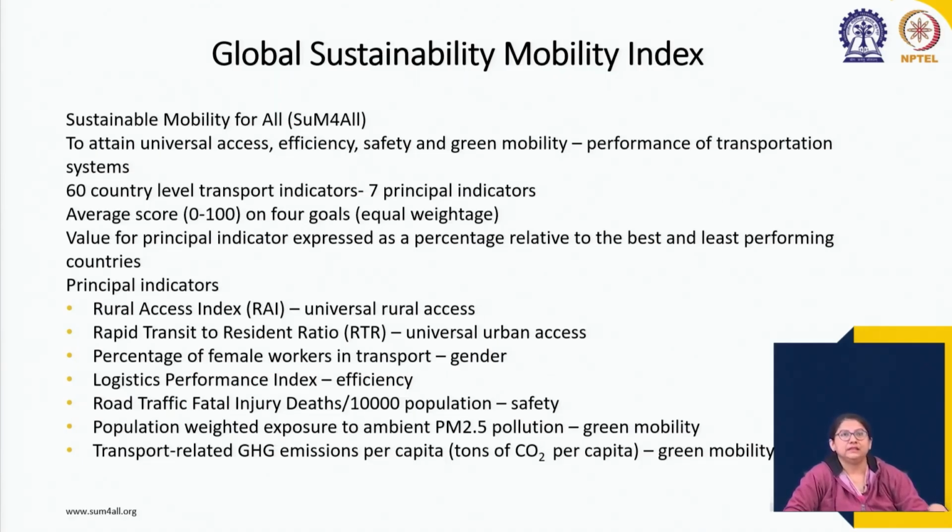So, the principal indicators include rural access index, rapid transit to resident ratio, percentage of female workers in transportation, the logistics performance index, which is new, road traffic fatal injury or deaths per lakh population, which is related to safety, and was included previously.